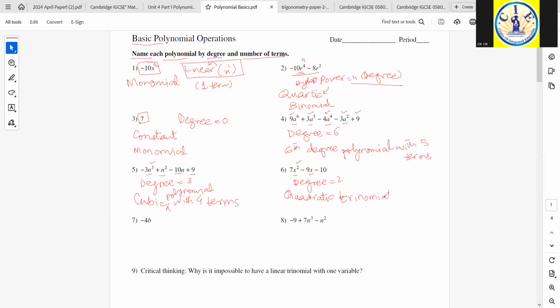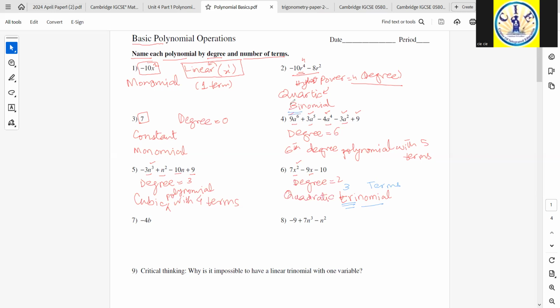From here you need to observe that tri means 3. Nomial means terms. So a polynomial that has got 3 terms has got a special name, trinomial. A polynomial that has got 2 terms has got a special name, binomial.